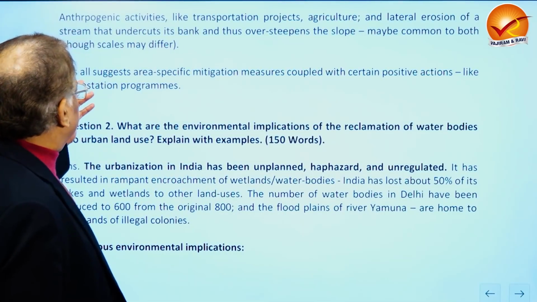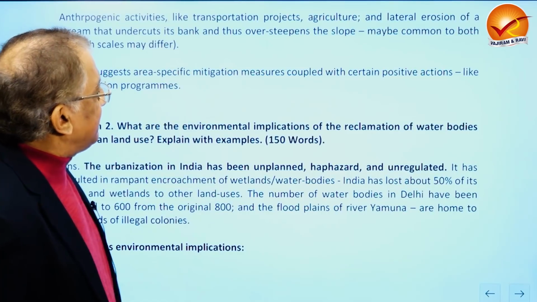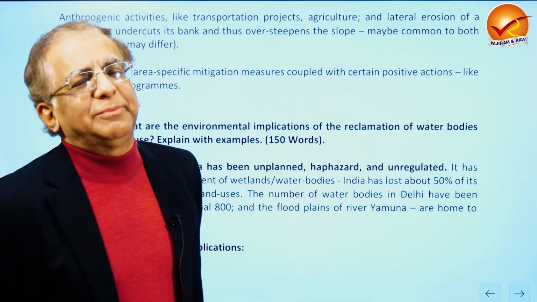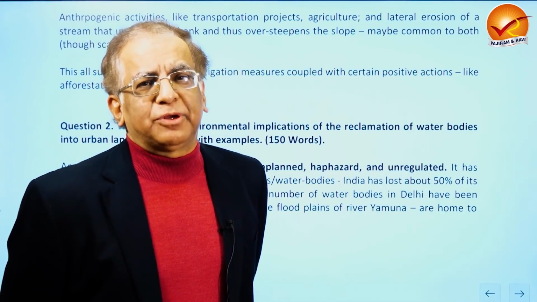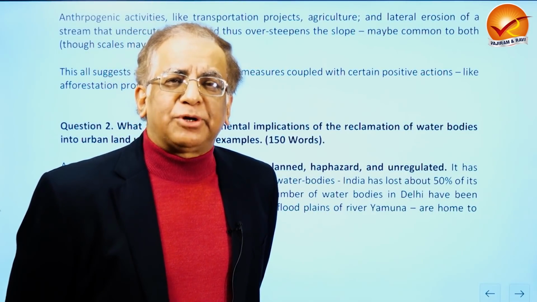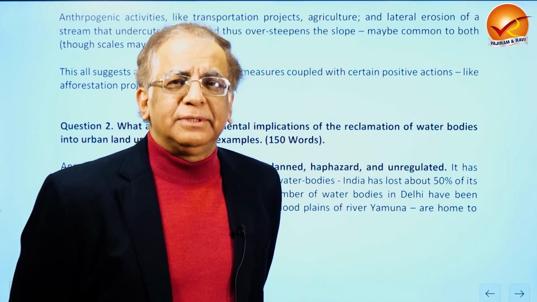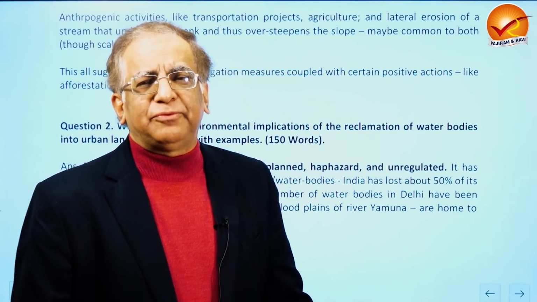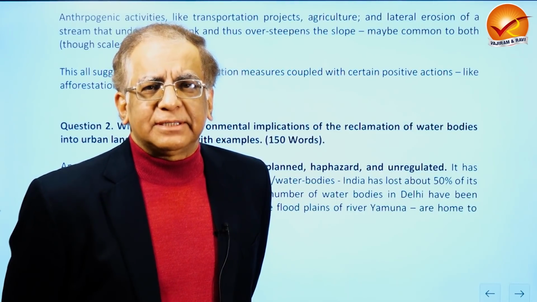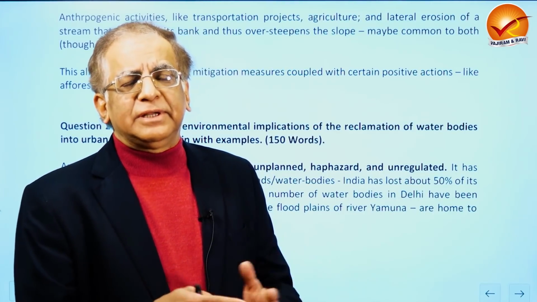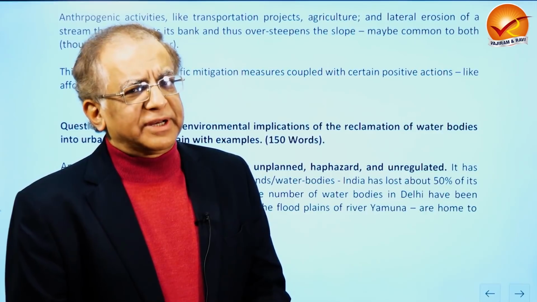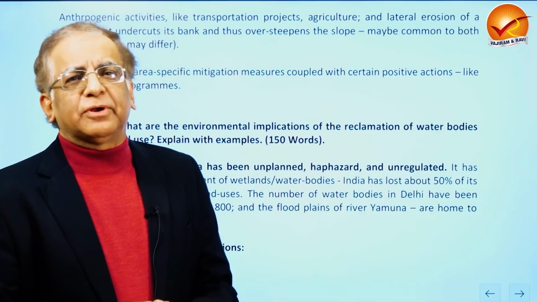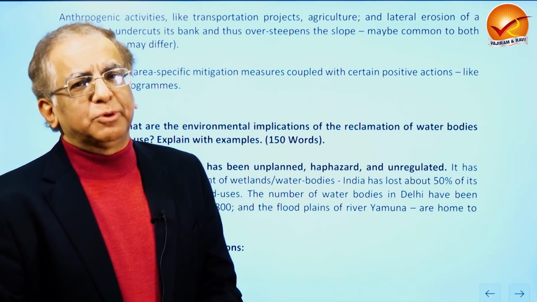So I say, this all suggests area-specific mitigation measures which need to be coupled with positive actions from our side, like afforestation programs, or we should have some sort of arrangement for water not to flow and go into the rocks, and that may become a reason tomorrow for landslides. So we should have bunds for controlling the flow of the water, or we should go for afforestation programs. These kinds of positive actions can be good for mitigation of such problems in both the areas.